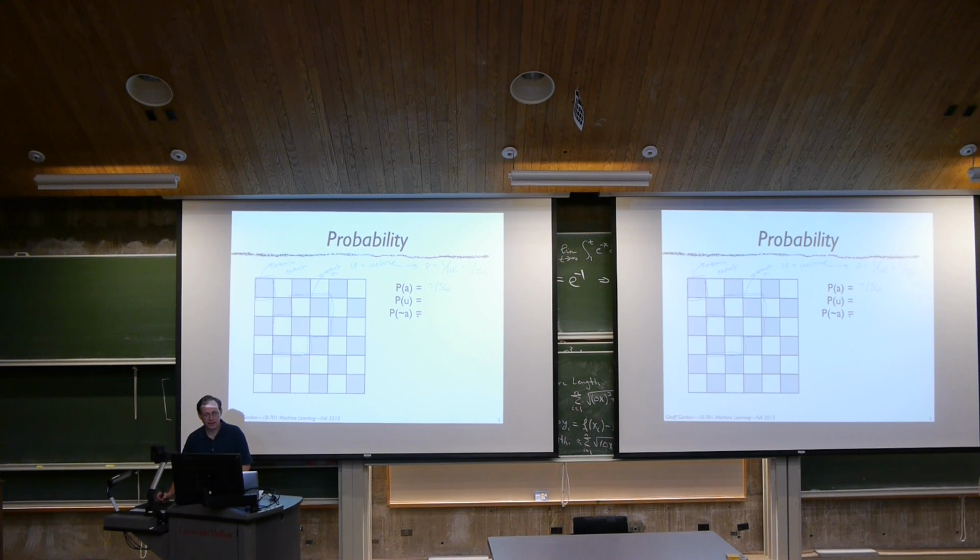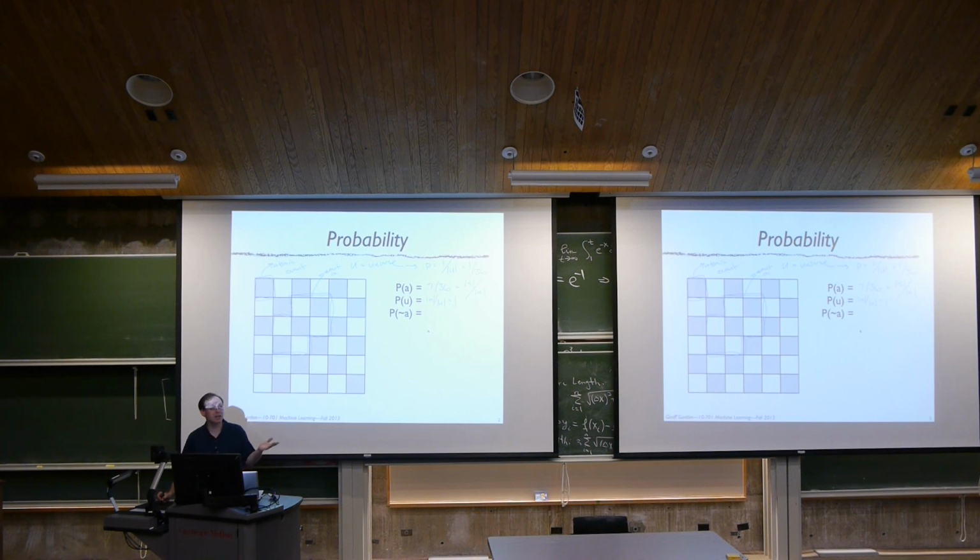The probability of an event in general is the size of the event divided by the size of the universe, size being the number of squares, the number of atomic events it takes. Probability of the universe, anybody want to guess? 1, exactly, since the size of the universe over the size of the universe is 1.